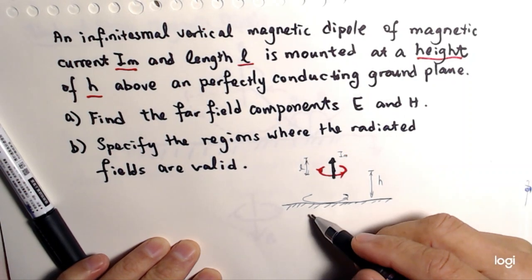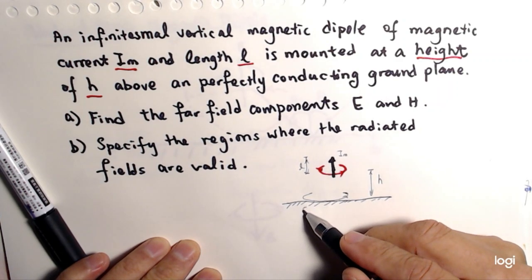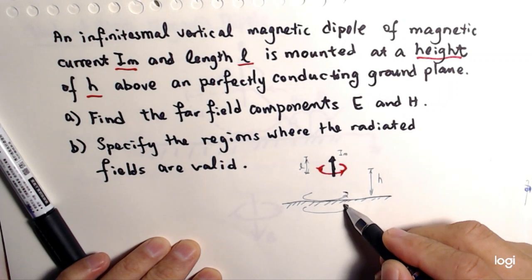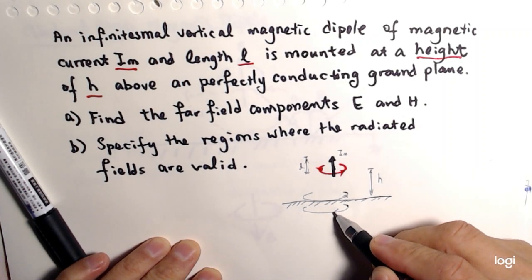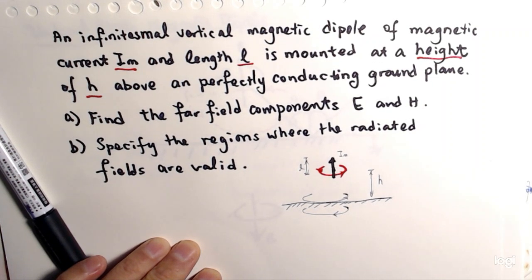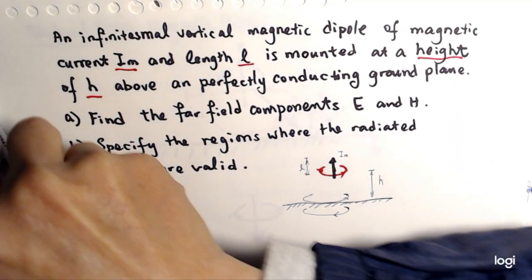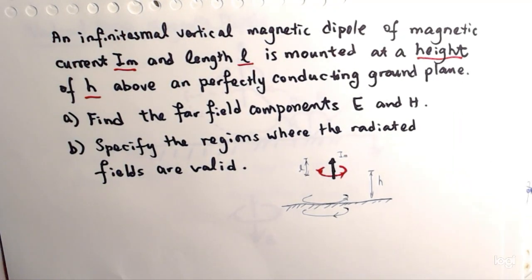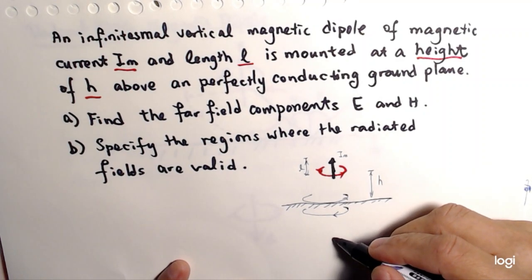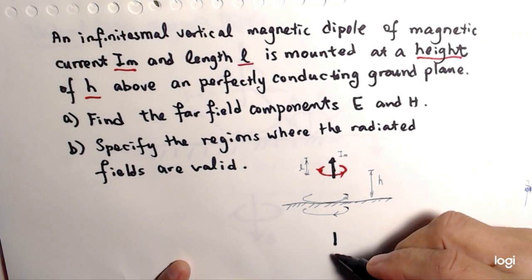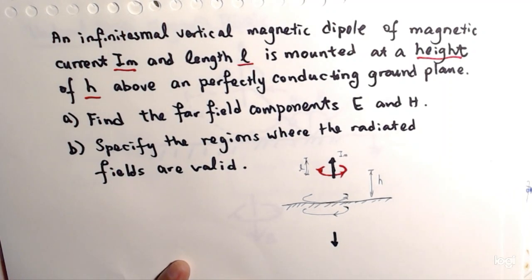Then you should produce an electric field in the opposite direction. In order to do that, the only way is to have another dipole, which is an image dipole, pointing in the opposite direction.